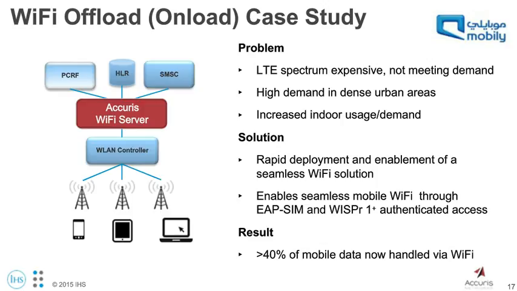Mobily has been able to really bring together Wi-Fi and LTE together to offer a seamless experience for their subscribers and extend it out to non-SIM devices as well, tablets and laptops as well, to provide a consistent experience tied to a single subscriber identity. This has been a pretty successful use case for us and is certainly a model for how service providers can seamlessly blend Wi-Fi with their LTE deployments.